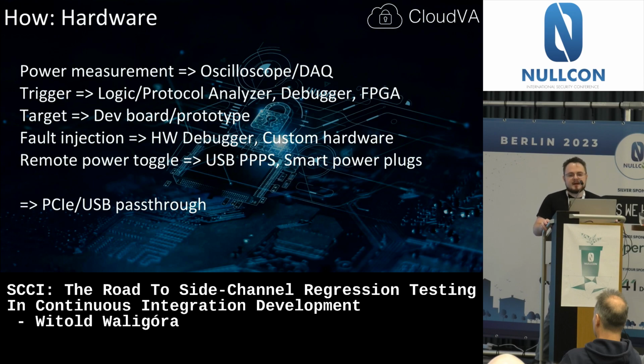Thankfully, all of this is covered pretty much by PCI Express pass-through. Basically, debuggers, FPGAs, oscilloscopes, all of that runs on USB. So you pass through a USB controller, and the VM has native access to the hardware. For power toggle, USB standard has hubs. USB hubs have what's called PPPS, per port power switching.